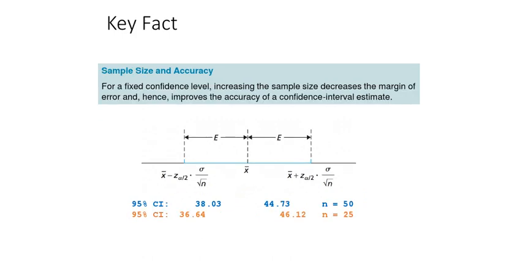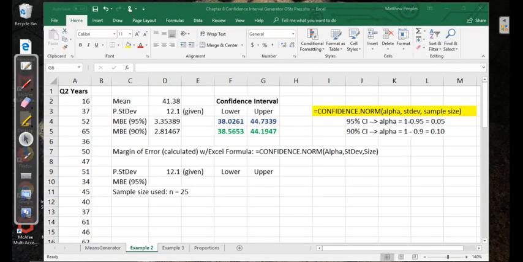There's another relationship here, and we should really talk about this. For a fixed confidence level, if we increase the sample size, what's going to happen to our margin of error? Let's go back to Excel and just check this out for a moment. Let's say we have our confidence level, but this time let's say that our sample size was 25, not 20. All right, so what's going to happen?